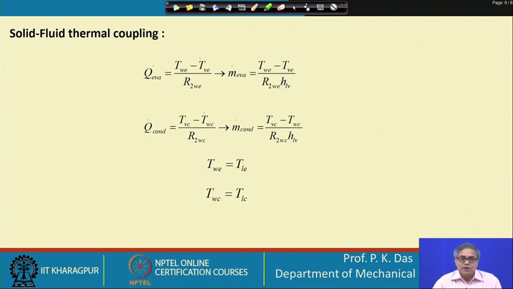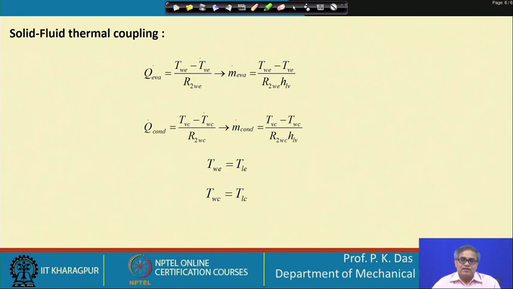We need property values, and of course the small number of correlation coefficients we have used. We need the dimensions of the heat pipe, and some details regarding the wick structure.